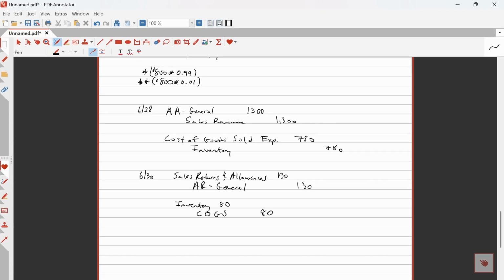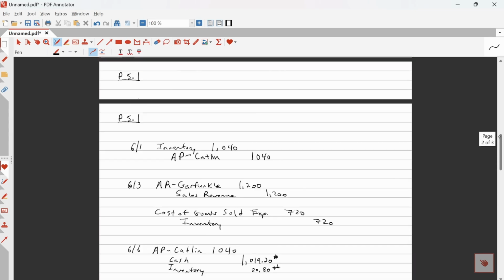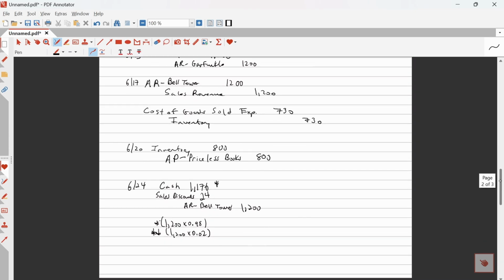I'm just going to put COGS. When I say COGS, I mean cost of goods sold expense. And those are all the journal entries for all of these transactions in June.